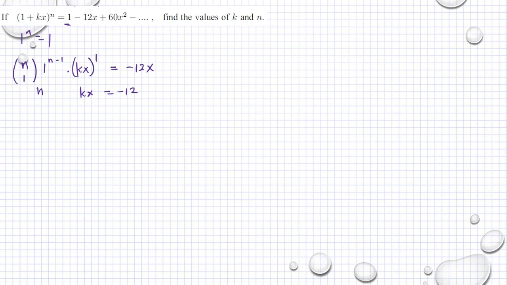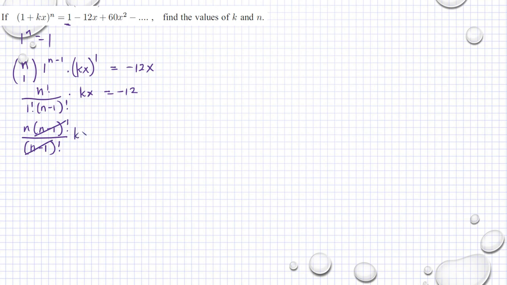That is n factorial divided by 1 factorial and then n minus 1 factorial. Okay? N factorial is the same as n multiplied by n minus 1 factorial, divided by n minus 1 factorial. 1 factorial is 1. So this is now n.